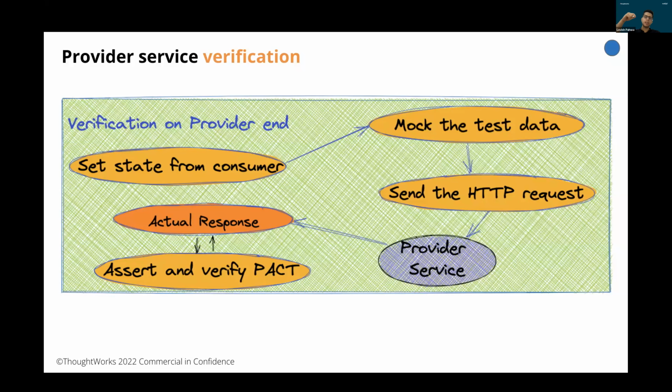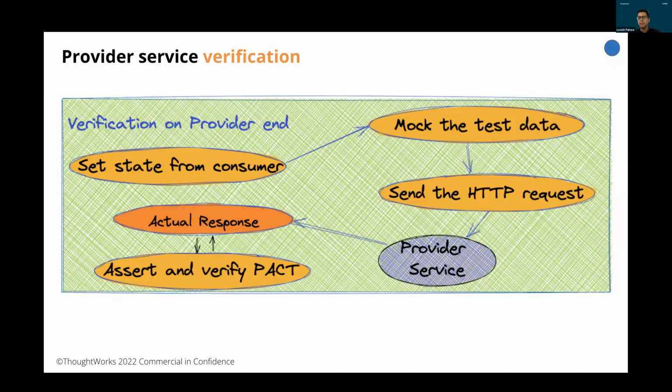It mocks their service, like this would be the response when the contract hits my API. After sending the real HTTP request, it checks whether the response sent by the provider matches the contract response. If it matches, then it asserts and verifies the pact.